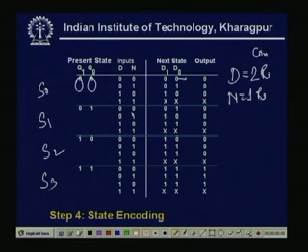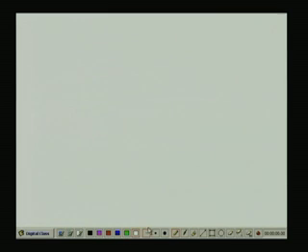If we write the physical interpretation of the states, S0 is the initial or starting state.